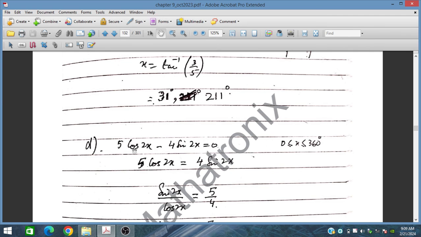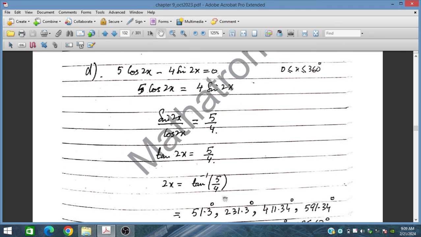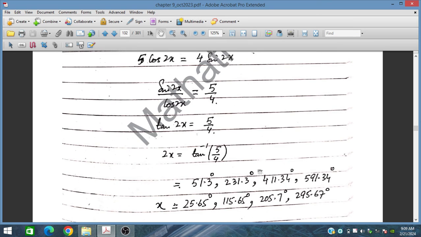In D part, 5 cos 2x minus this, and this is tan 2x equal to 5.4, taking the inverse, and this is in this band. Since this is 2x, we'll go to double of this, so that when we divide by 2, we will have this 295.